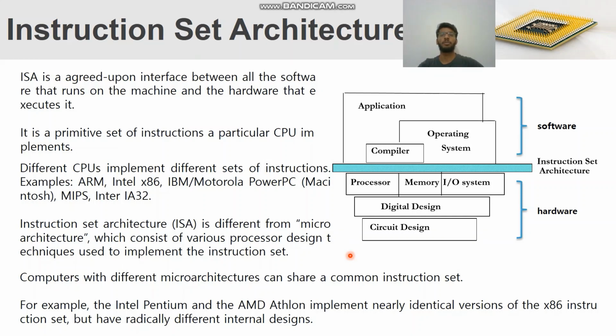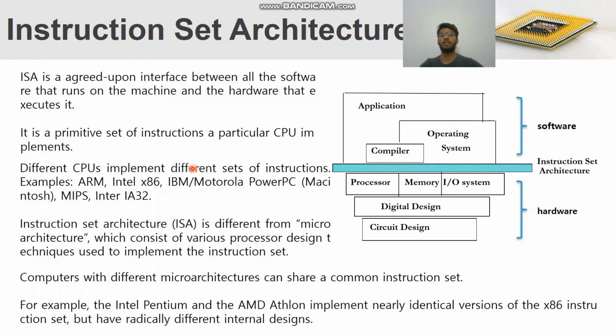Here we are going to dive deep into the instruction set architecture. As I said earlier, instruction set architecture is the interface between the software aspect and the hardware aspect of CPU architecture design. So instruction sets are the primitive set of instructions a particular CPU implements.